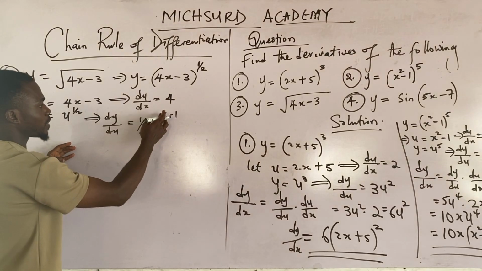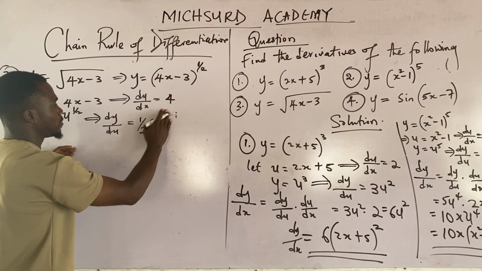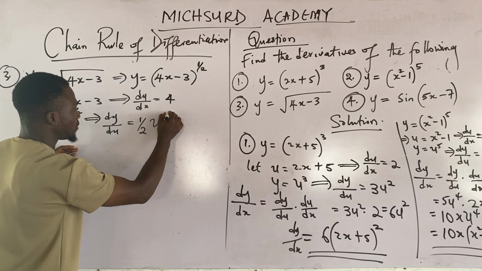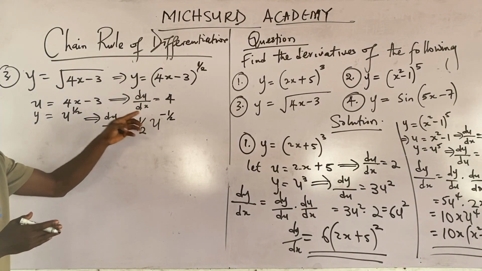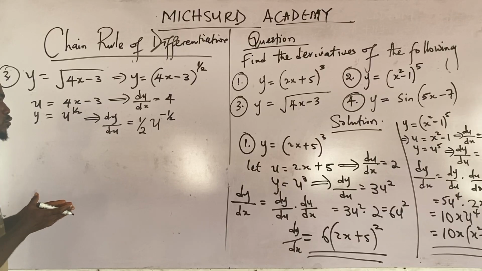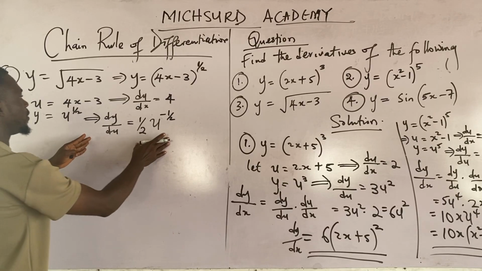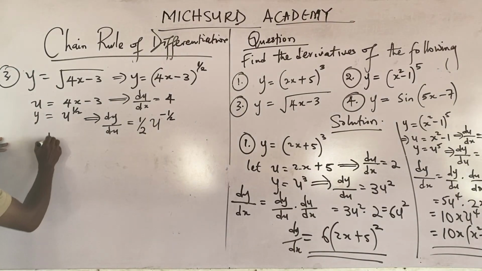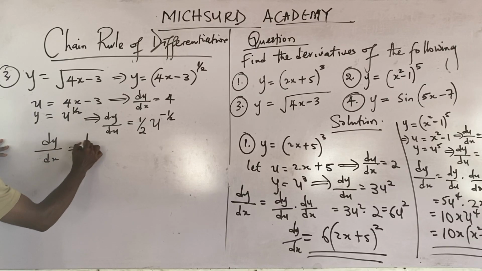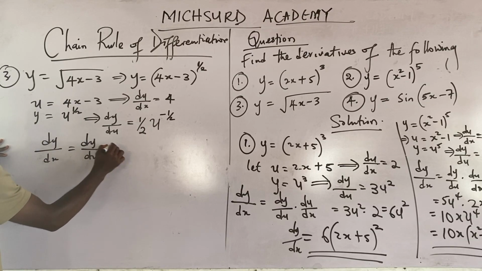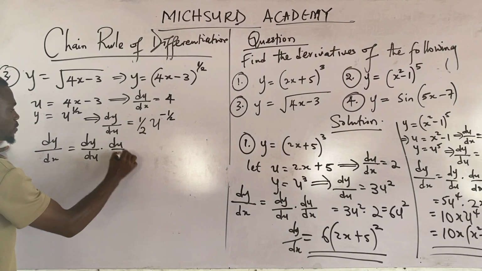So if you subtract half with 1, we are going to have negative half. So half minus 1 is minus 1 over 2. So now we have this. We remember that our chain rule says that dy/dx is equal to dy/du dot du/dx.